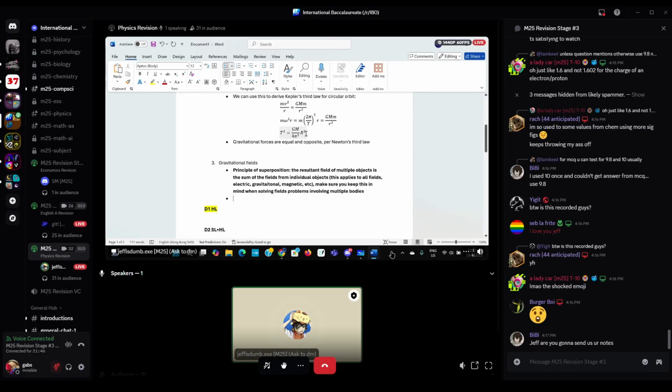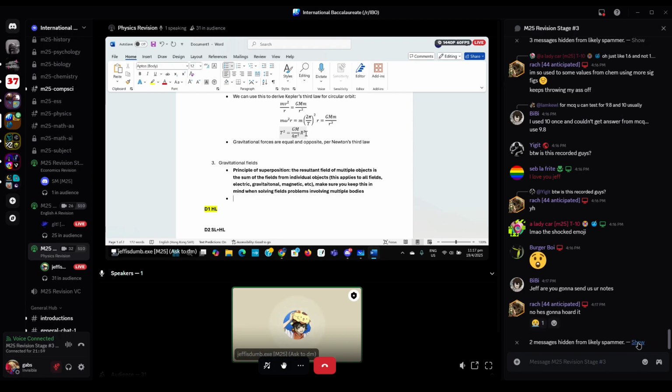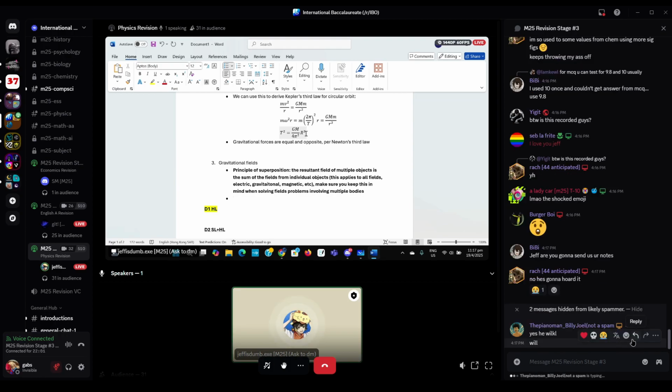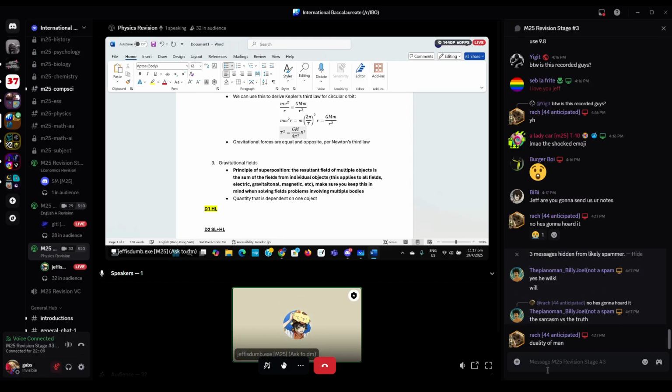The reason why gravitational fields exist is that sometimes when people talk about force, the force involves two objects. Can we perhaps come up with a quantity that is only dependent on the mass of one object? So there come gravitational fields. It's a quantity that is dependent on one object only.